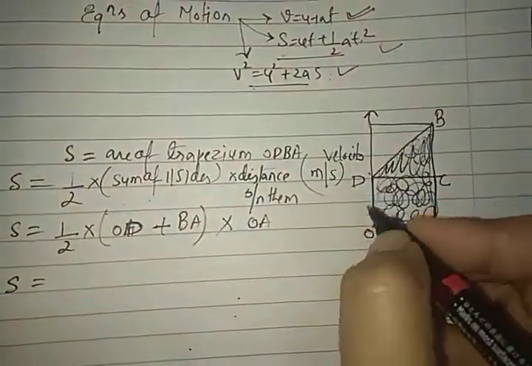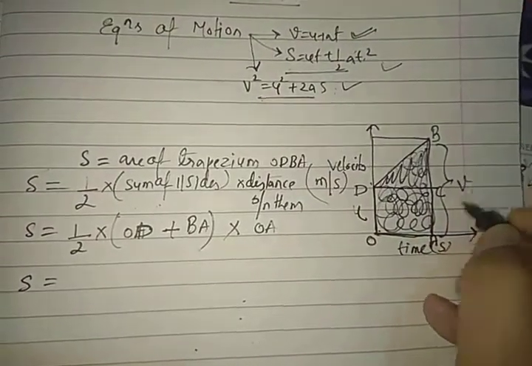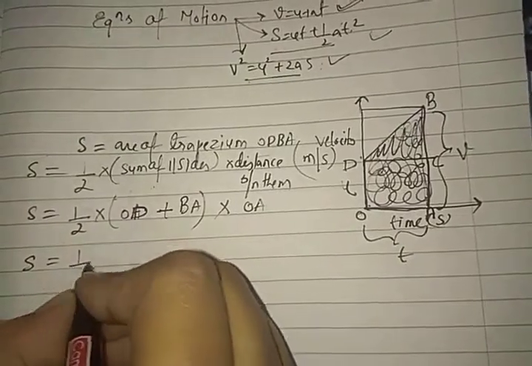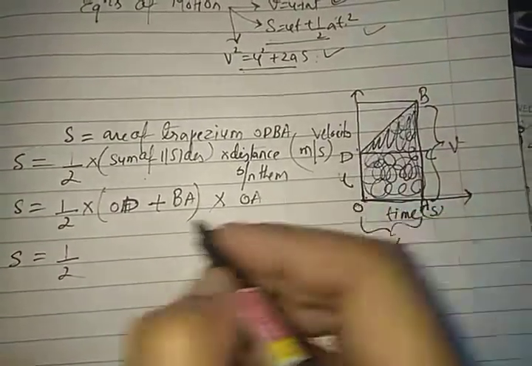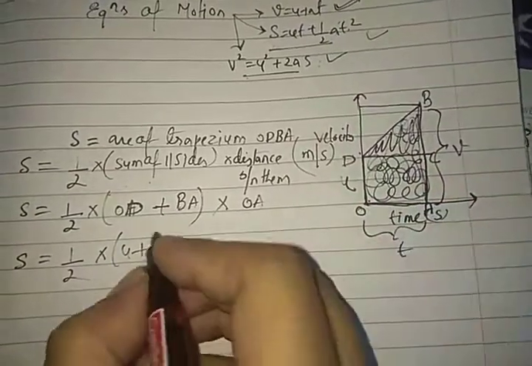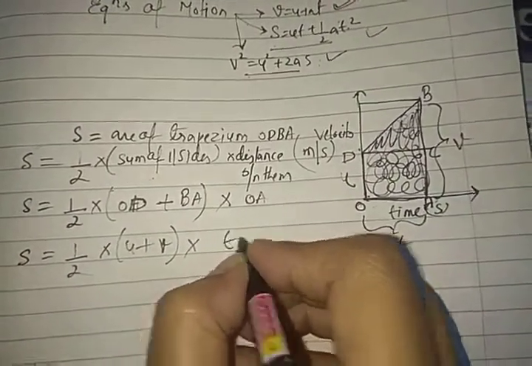Now we have to write the terminology also. OD is u, BA is v, and OA is t. So half, instead of OD I can write u, instead of BA I can write v, and instead of OA I can write t.